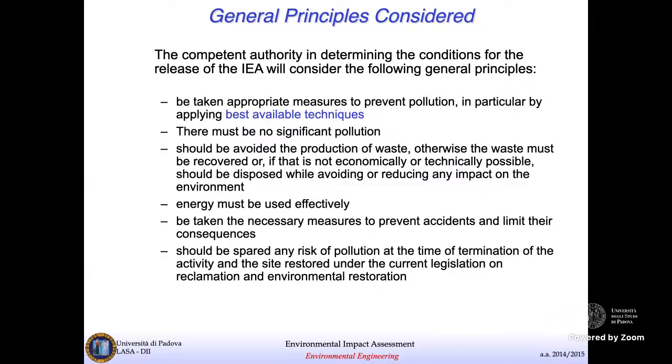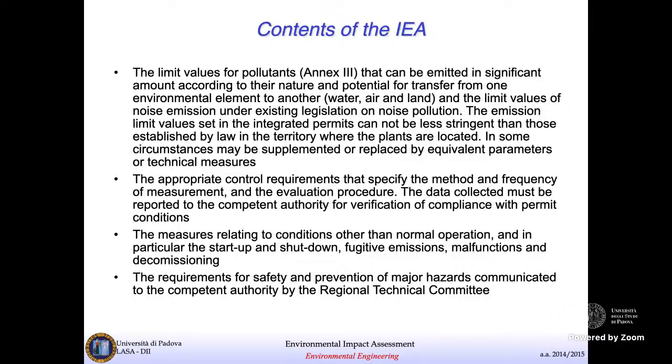Any risk of pollution should be avoided at the time of termination of the activities, and the site restored under the current legislation on reclamation and environmental restoration. So also in the integrated environmental authorization, there are indications on what to do in the phase of decommissioning or termination of the activity of the facility.